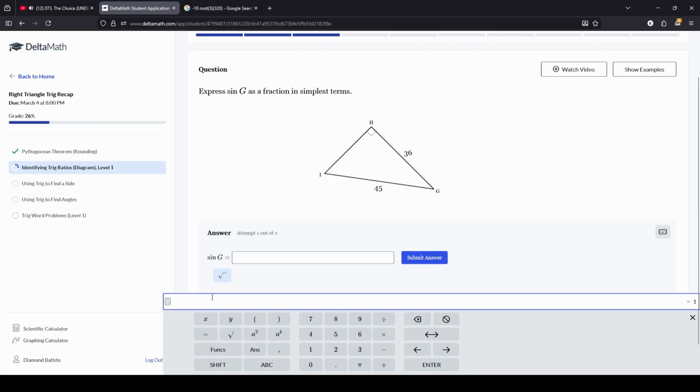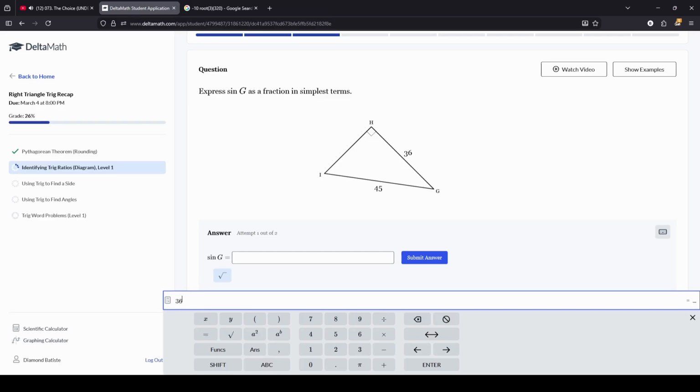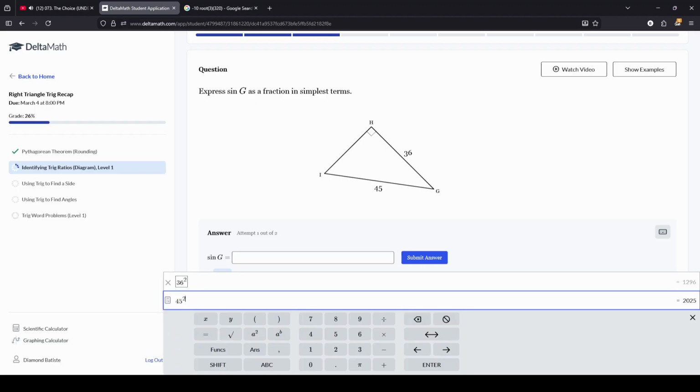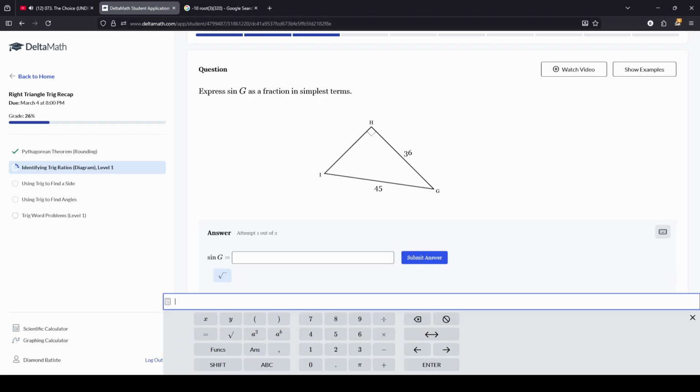Let's see. 36 over 2, and then 45 over 2. 2025. Hey, that's last year. Where'd the other one go? 2025 minus 1296. Yeah, okay, that's right.